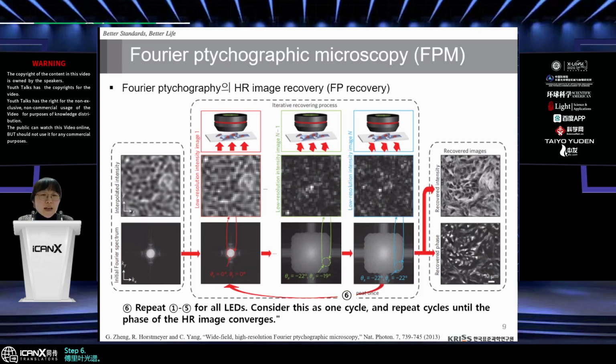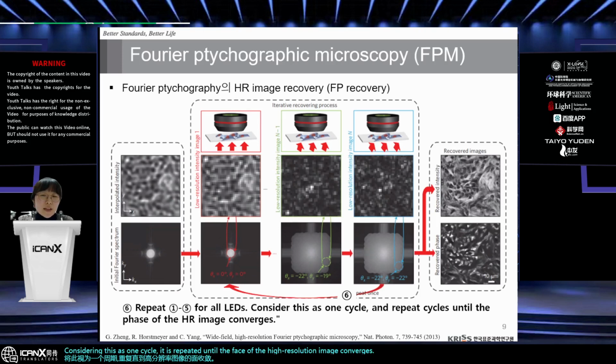Step 6, by repeating this process for all LEDs, the cutoff frequency can be extended in 2 dimensions. Considering this as one cycle, it is repeated until the phase of the high-resolution image converges.